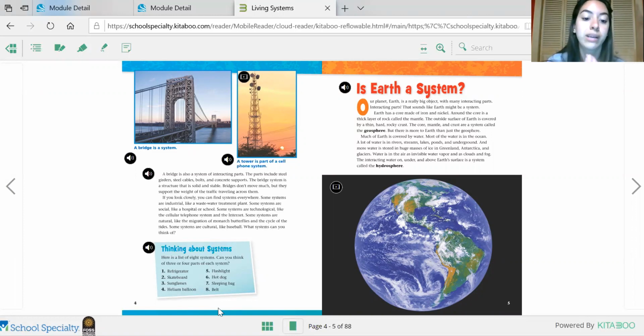Now, I'm going to give you an example of one in Google Classroom, and then I want you to try your best to think of all the parts that work together to make each thing a system. And then I'm going to give you a bonus if you can think of something on your own that's not one of these 8 that is also a system.